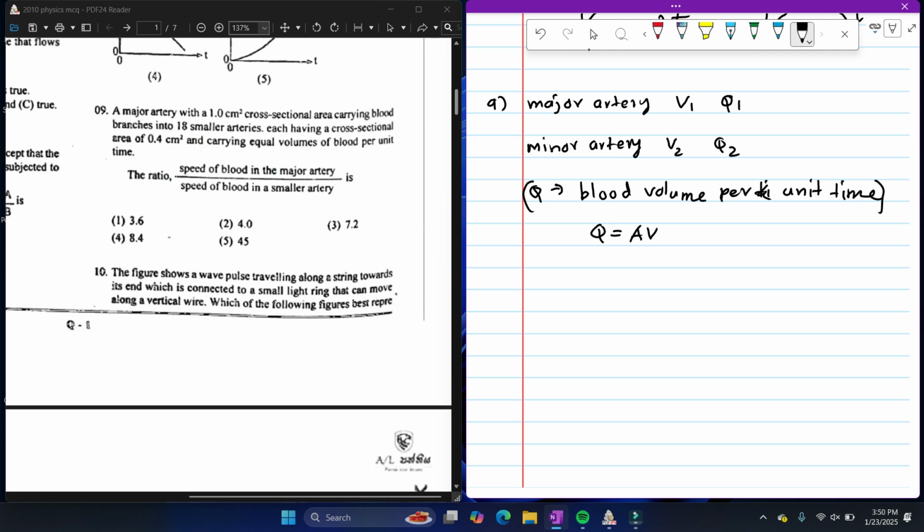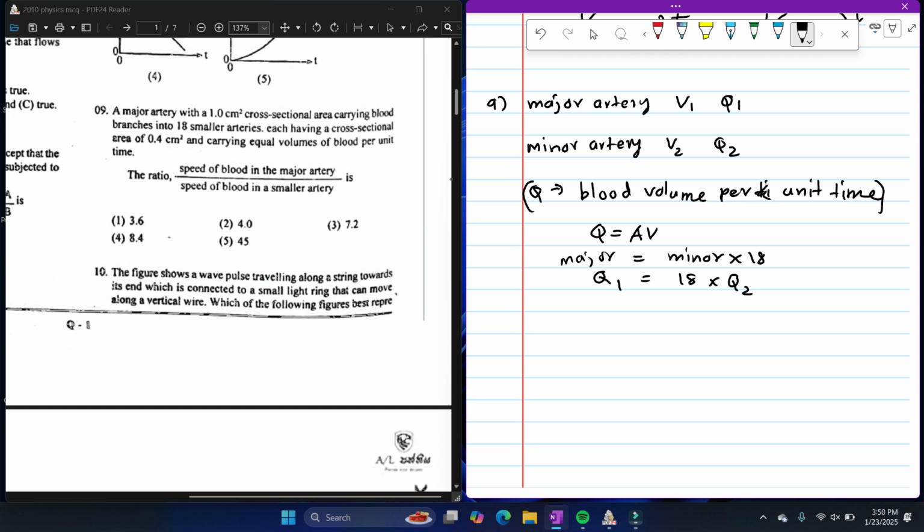So this consists of two scenarios, like the major scenario and the minor scenario. So how many minor arteries is a major artery? 18 minor arteries equal to a major artery. So here Q1 equals 18 into Q2, right?